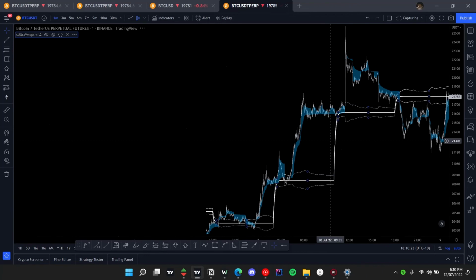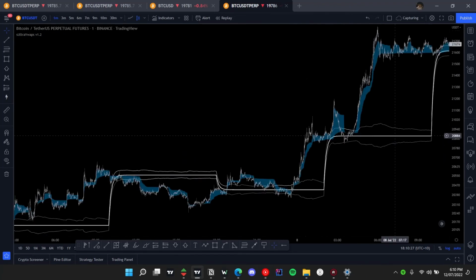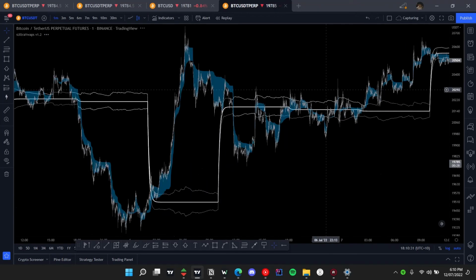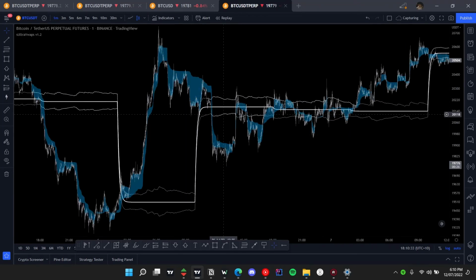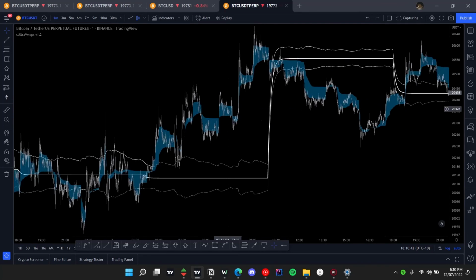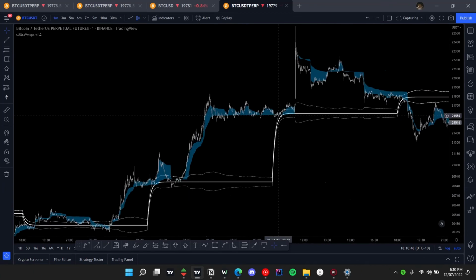Now look here how price just ramped up using the 1 minute. You can short just below the lines and take profits down here, and then we start an uptrend, then again downtrend, uptrend, retest uptrend, retest uptrend.